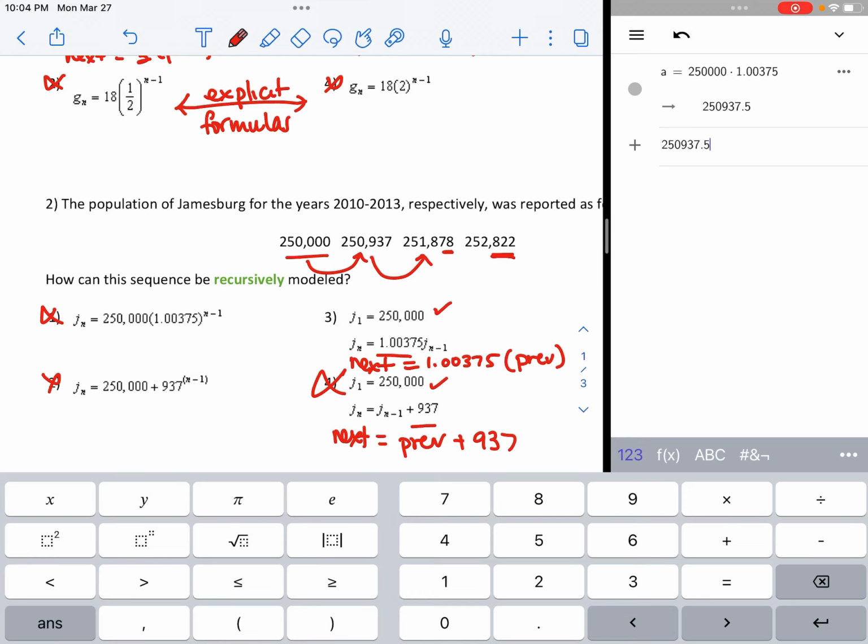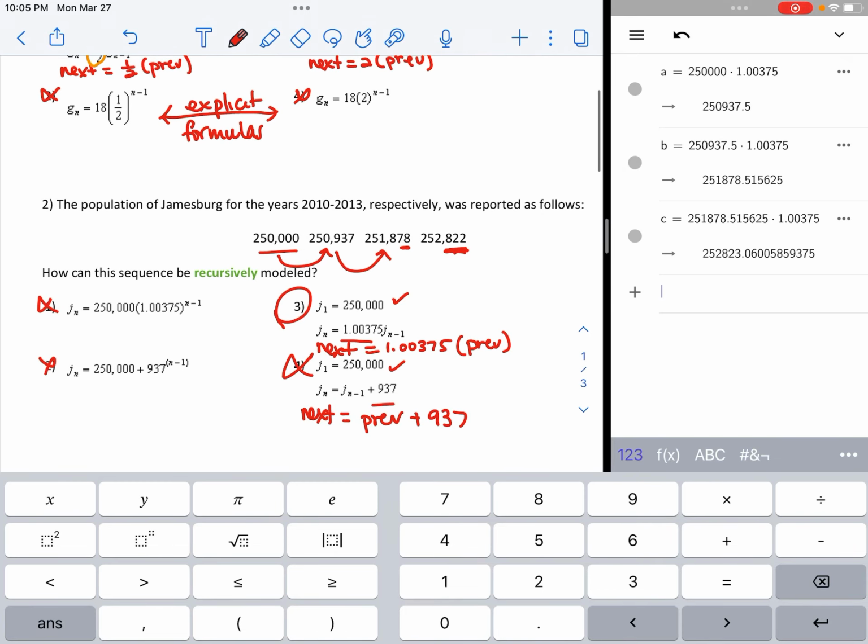Let's look, if I do the answer times 1.00375 again, that's the 878, it's 0.5 off again, closer than the last one was. And if I do it again, the previous answer times 1.00375, it gets us, it's 1 off. It says 823 instead of 822. So this choice is closer. They were both close.